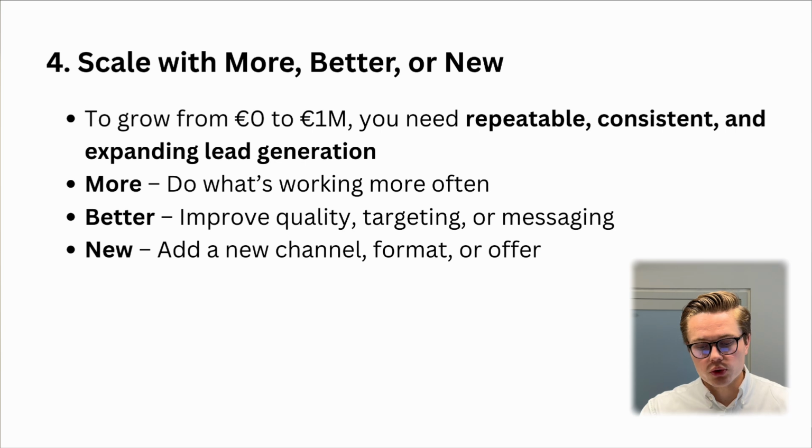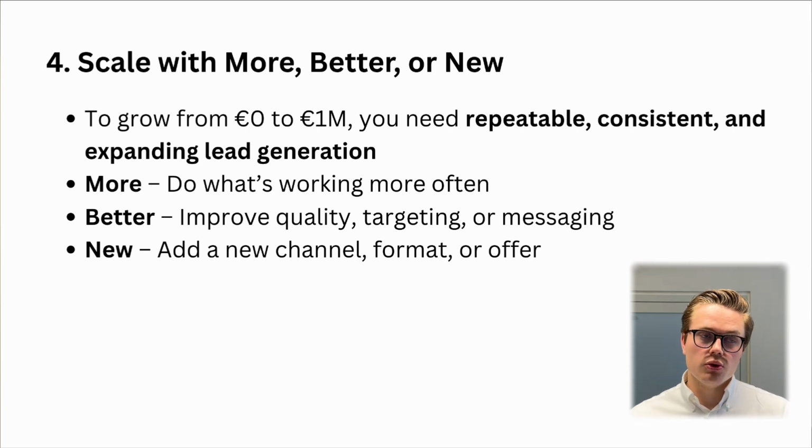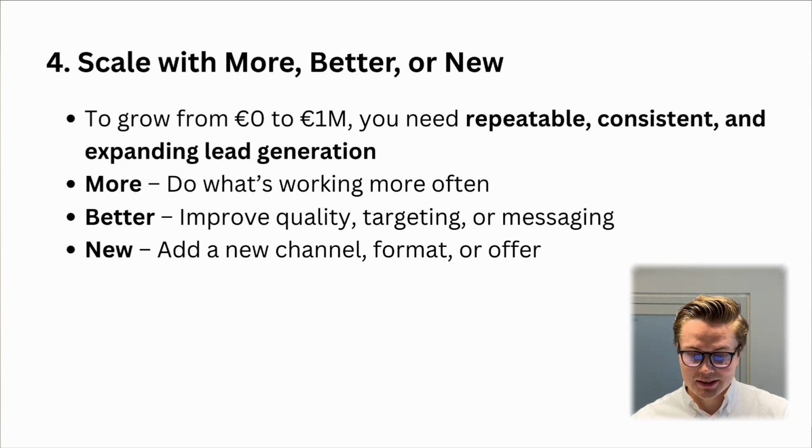In order to grow from 0 to 100 million, let's say, you need repeatable, consistent, and expanding lead generation. When you have your lead generation in place, there are 3 ways to improve it. You can do more of what's working, you can do it better, so improve the quality, the targeting, or the messaging, or new: you can add a new channel, format, or offer.